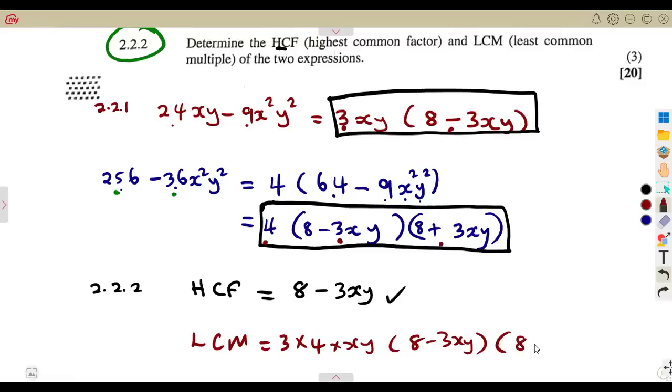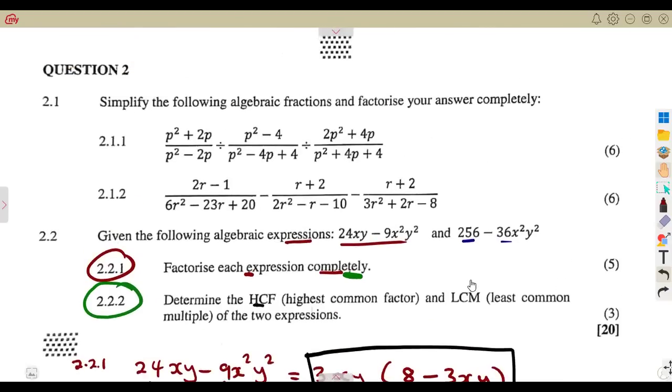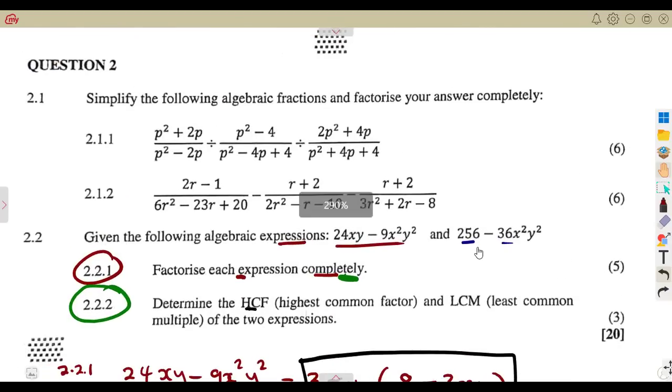Also the bracket of 8 plus 3xy, everything as it is must be considered. So 3 times 4 times xy is just going to give us 12xy. That's our LCM. Everything that we are seeing must be taken. So that is what we're supposed to do in this question. That is actually question 2. Question 2 is done. Okay, let's move on to another part.